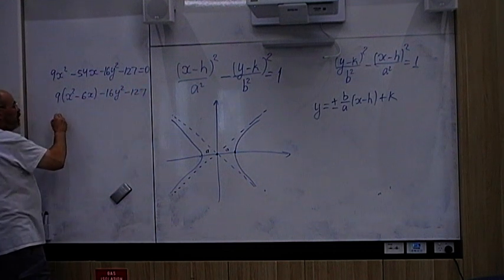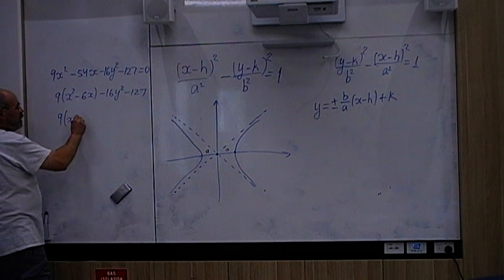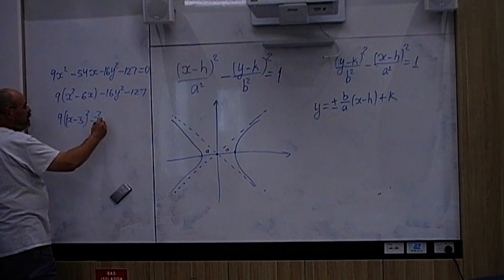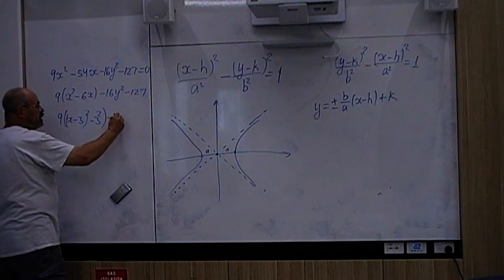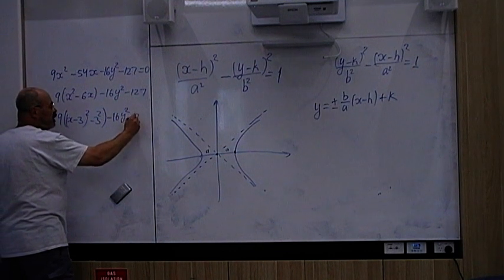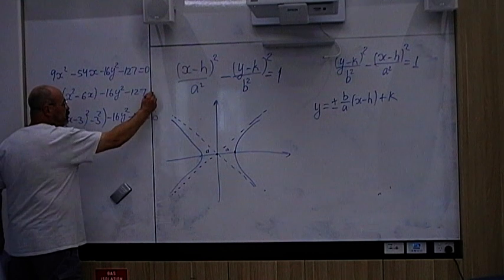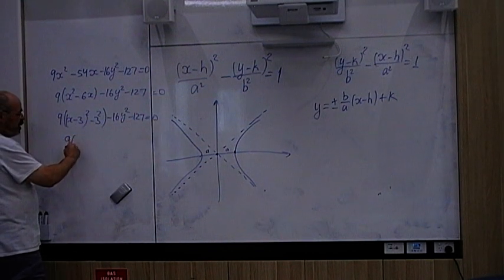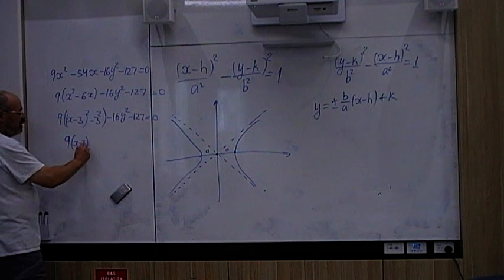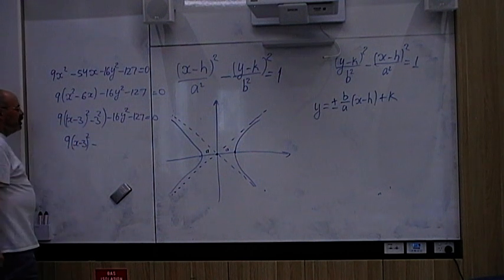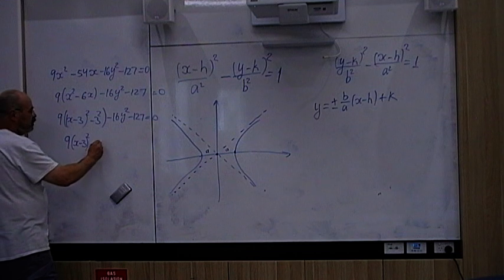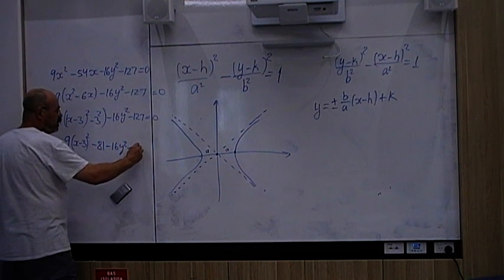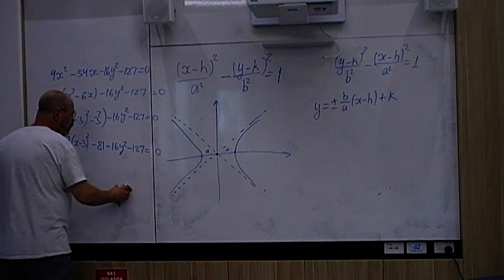We complete the square: 9((x minus 3) squared minus 3 squared) minus 16y squared minus 127 equals 0. Expand this bracket: 9 times (x minus 3) squared minus 81 minus 16y squared minus 127 equals 0.